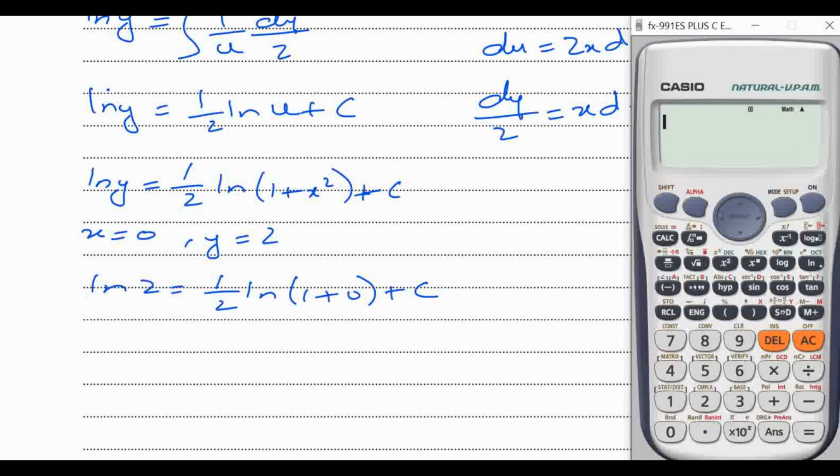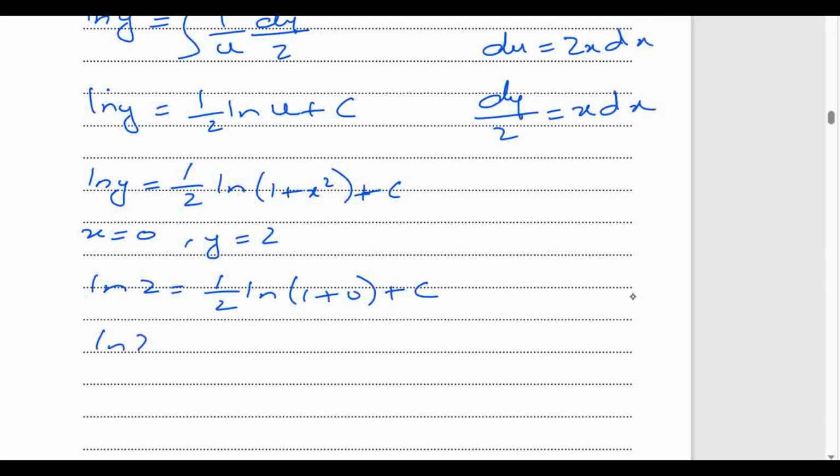Natural log of 2 is equals to, we can write it as natural log of 1 power 1 by 2 plus c.